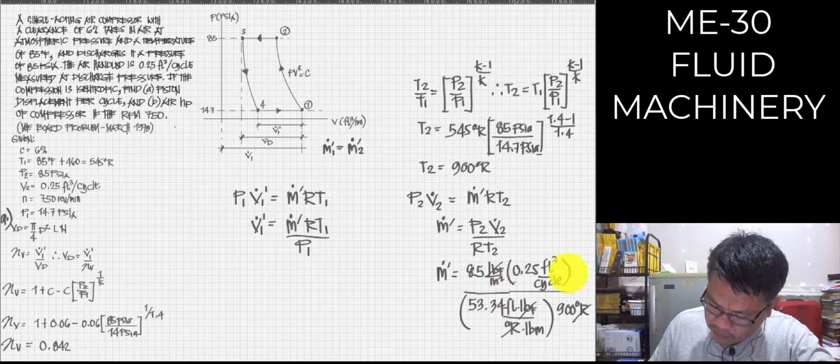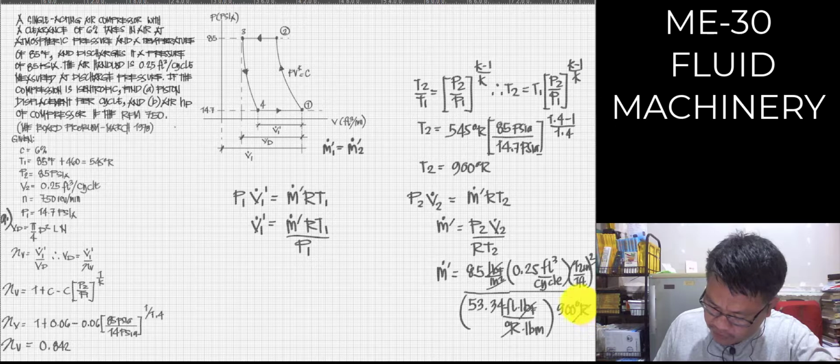I have my conversion here: 12 inches divided by 1 foot, squared, so that we have common units. The square inch will be cancelled out.